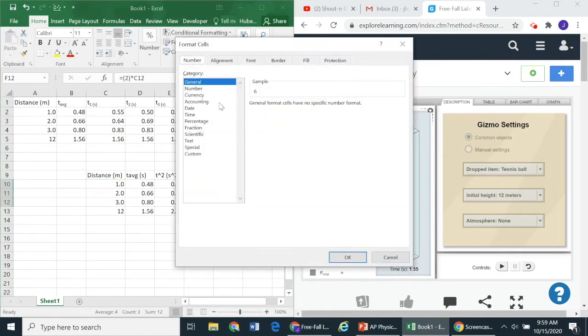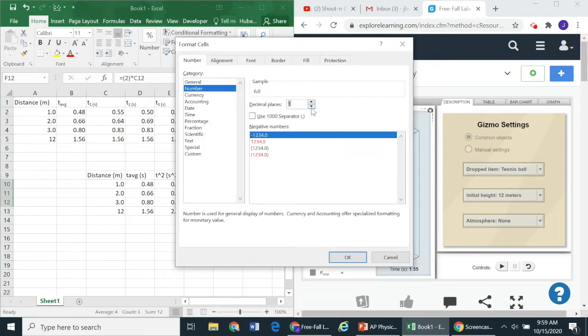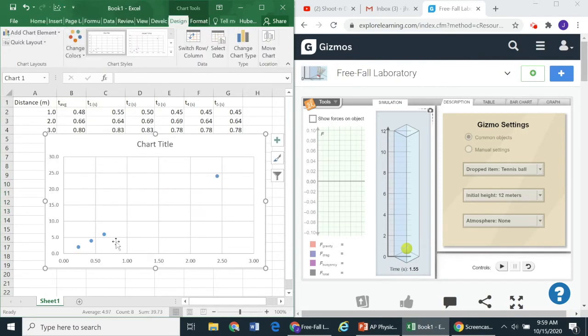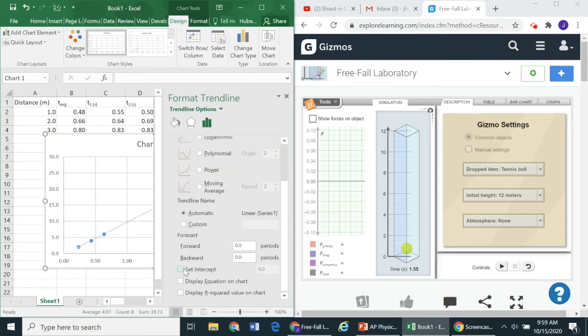And so now we just have to graph these, and we'll see what's what. And so we graph them on a scatter plot. Oh yeah, linear graph. That's what I like to see. And then we'll add a trend line. And we're going to display the equation on the chart.